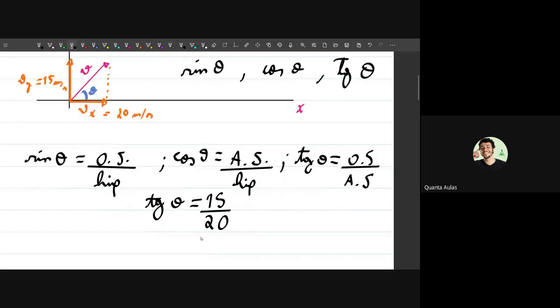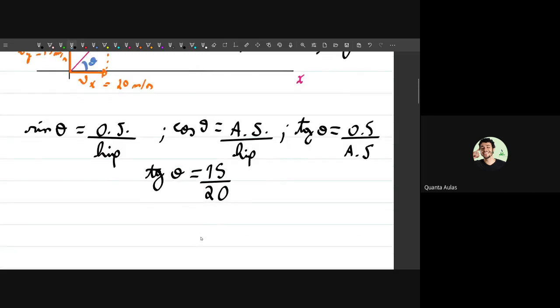You do this math, you will have 3 over 4. So you need to use your calculator to know what angle you need to put here to obtain this value of tangent.